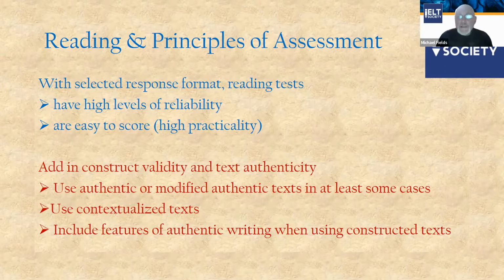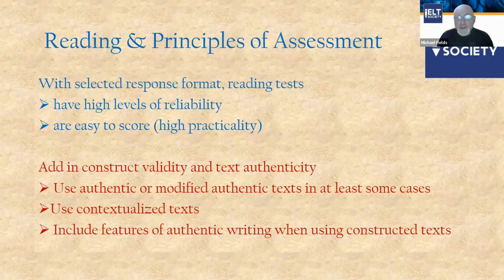If we use contextualized texts, if we have these discrete point tests where every question is about one sentence and they're very decontextualized, it's not very valid because it's decontextualized. So by using contextualized texts, we are building in validity.